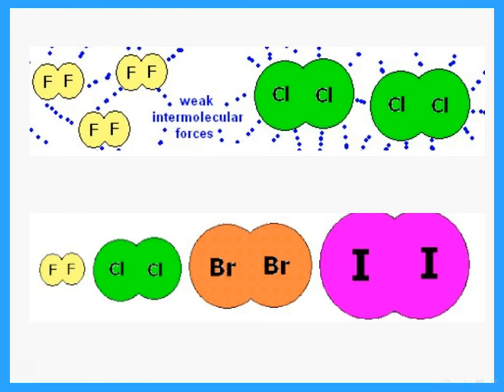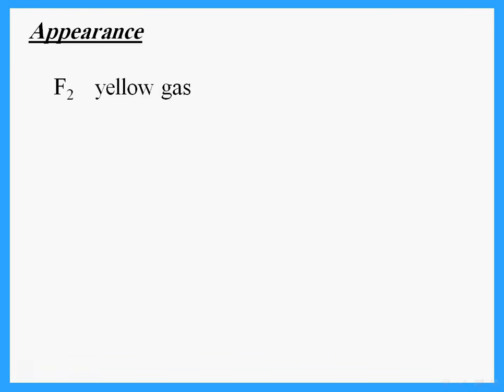You should realize that they only have London dispersion forces or van der Waals forces, and these increase in strength as we go down the group because the larger atom will have more electrons, so stronger London dispersion forces that will need more energy to be broken. So as a molecule of fluorine, chlorine, bromine, and iodine, the boiling point increases as we go down the group.